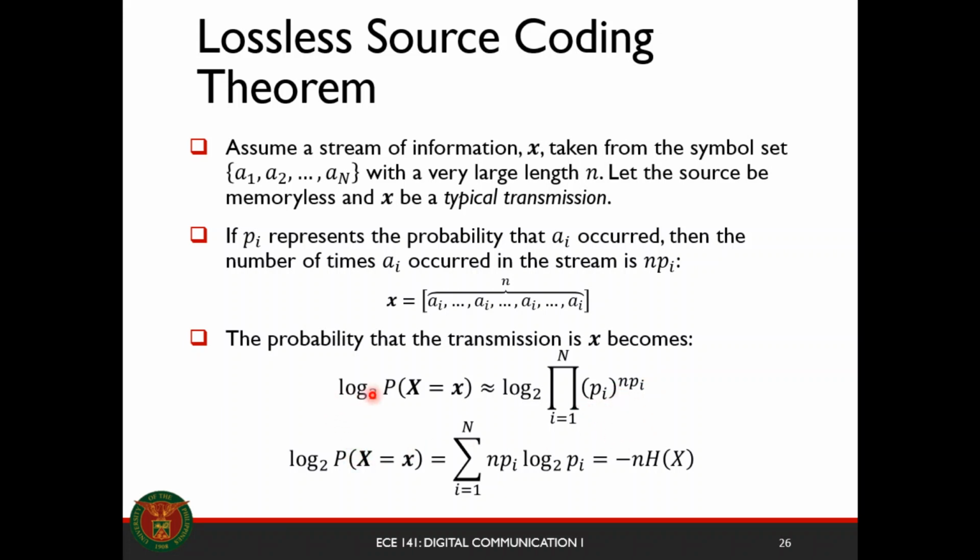If you take the logarithm of the probability, the product operation will become a summation, and the terms inside will become this expression right here. Since n is constant with respect to the operator, we can factor that out. This sum of p i log p i is equal to the negative of the entropy of the source. So the logarithm of the probability of your stream x is equal to this.